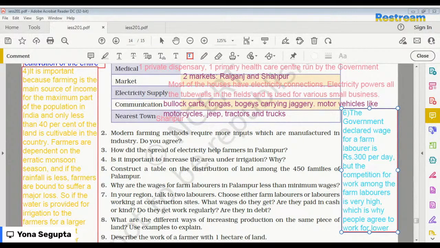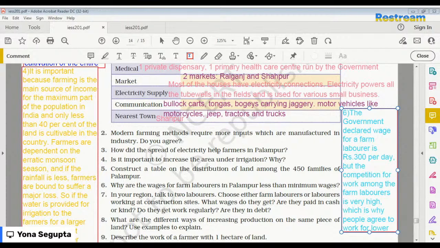Okay. Next, number 8 is, what are the different ways of increasing production on the same piece of land? Use examples to explain. Okay, so the answer is, to grow more than one crop on a piece of land during the year is known as multiple cropping, and it is the most common way of increasing production on a given piece of land.